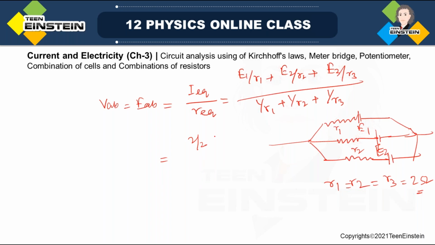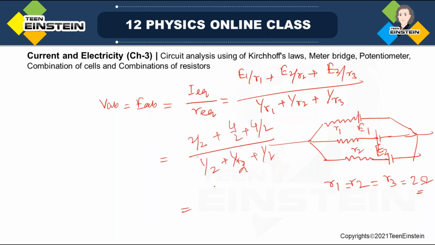2 by 2 plus 4 by 2 plus 4 by 2 divided by 1 over R1 is 2, R2 is also 2 plus half. Okay, these are 3 by 2 half, and this will be 2, 2 and 1.